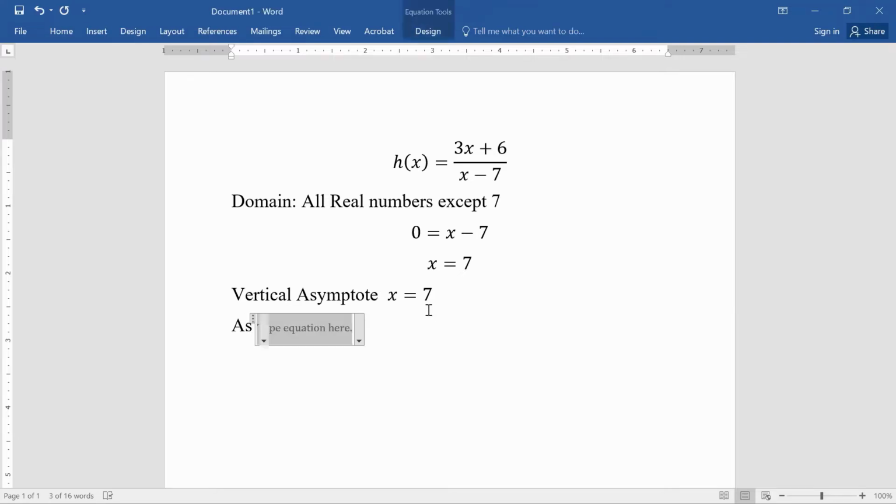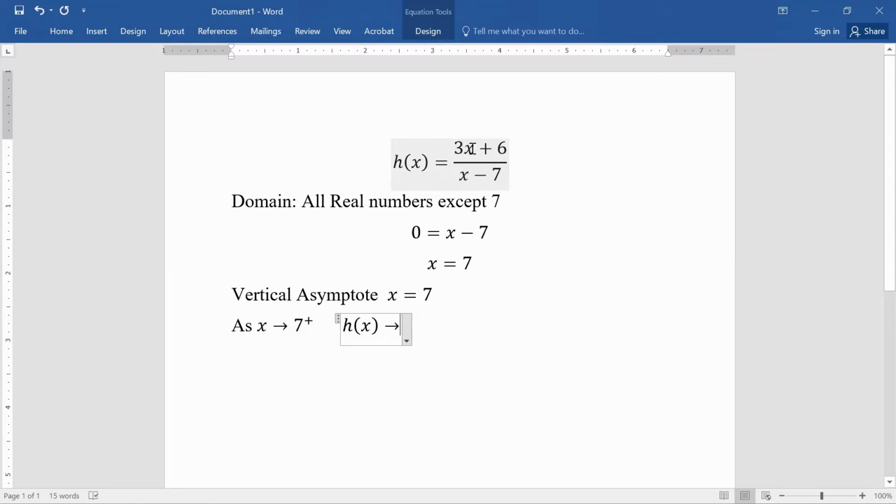So as x goes to 7 from above, my function h goes to, well, if we're above 7, then something a little bit above 7 minus 7 will be positive.